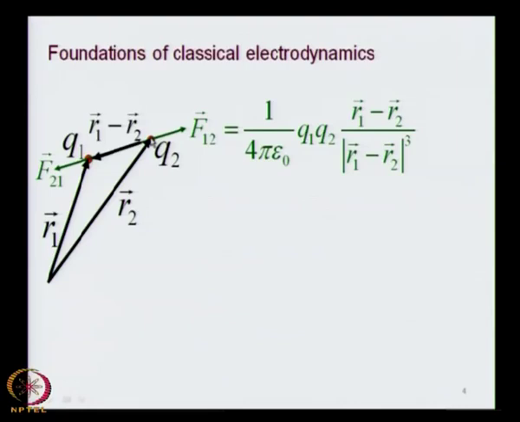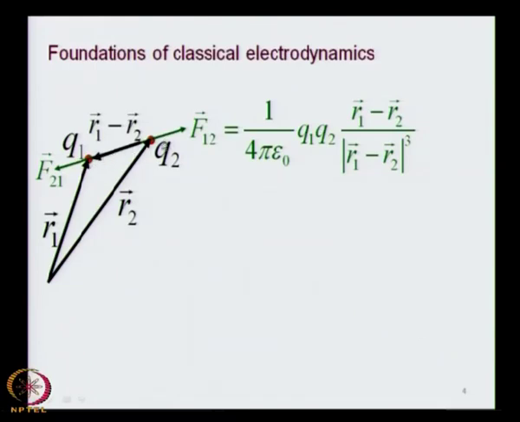So, the charge 2 exerts a force F21, which is a force by the charge 2 on the charge 1, and likewise there is a force F12, which is a force on the charge 2 by the charge 1.